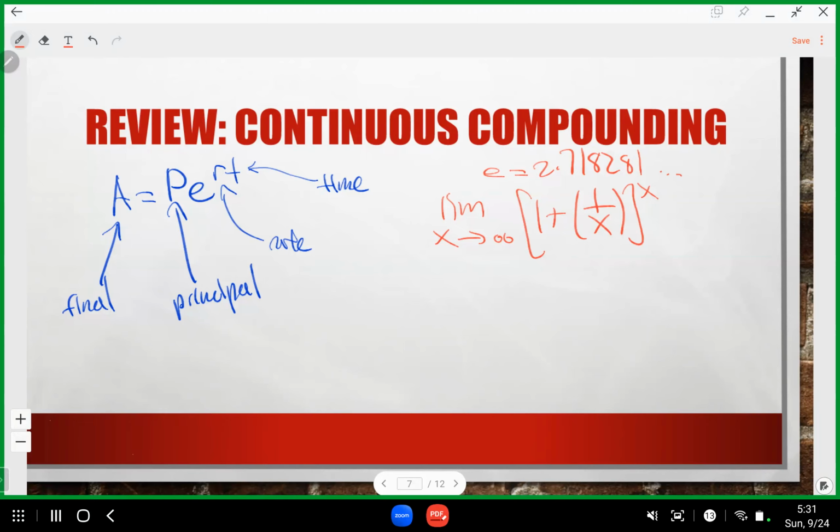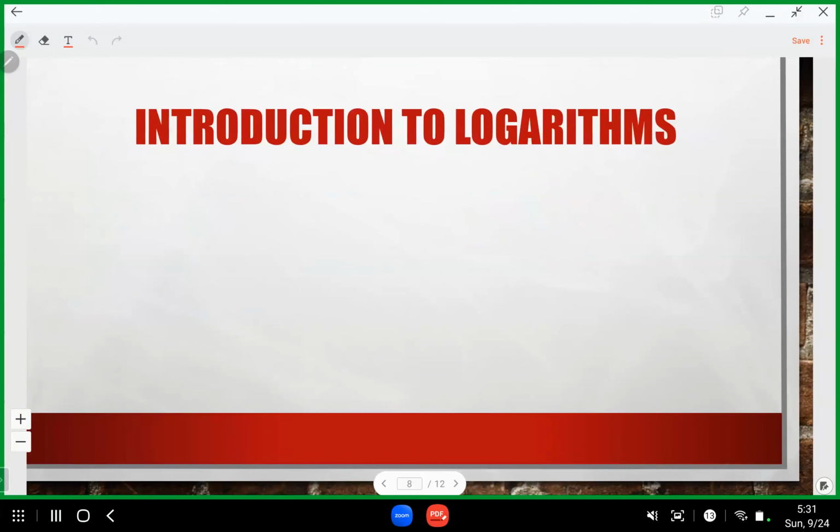So I guess we can now start to learn about what logarithms are. The introduction to logarithms. The logarithmic function is basically the inverse of the exponential function.